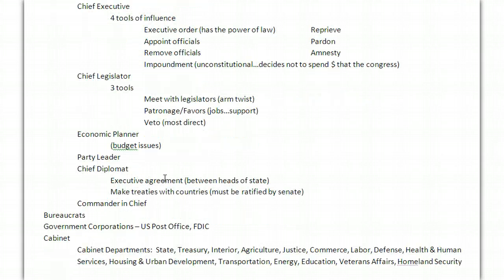Now, the president also is an economic leader. He plans and sets the budget every year for our country, and he has a lot of help from economic advisors.